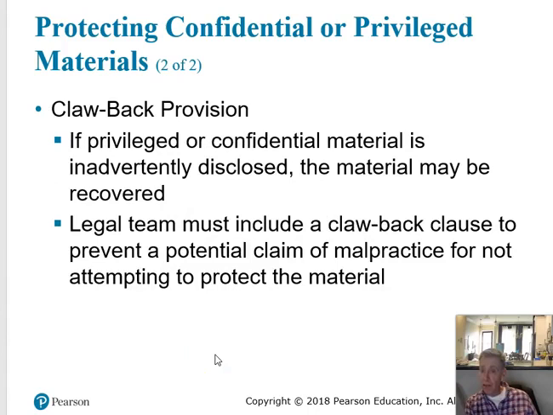It states that if privileged or confidential material is inadvertently disclosed, the material may be recovered and not used against them. For that to work, the legal team must include a clawback clause to prevent a potential claim of malpractice for not attempting to protect the material. This is definitely true in federal courts and most state courts, but not all of them.